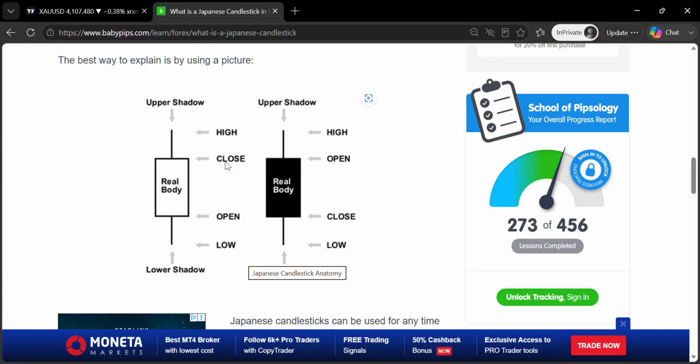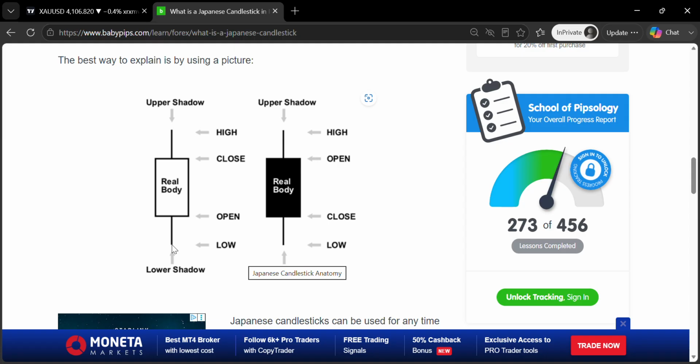How this works is, let's say we are trying to understand the price movement of a specific asset over the period of 5 minutes. This is the candlestick that is going to form in the period of 5 minutes. At the beginning of 5 minutes, the candle starts at this figure, where it's labeled open. In the period of that 5 minutes, it visited this low point.